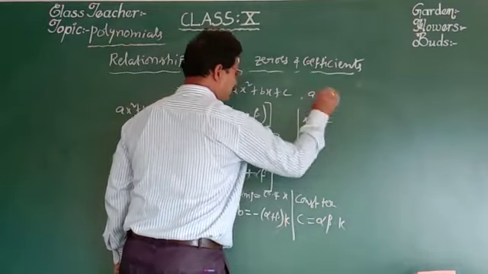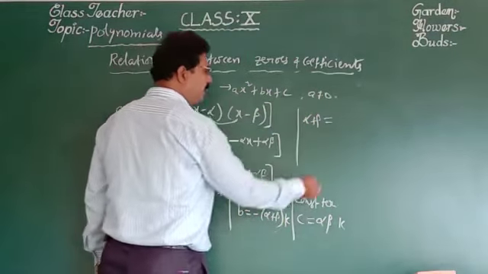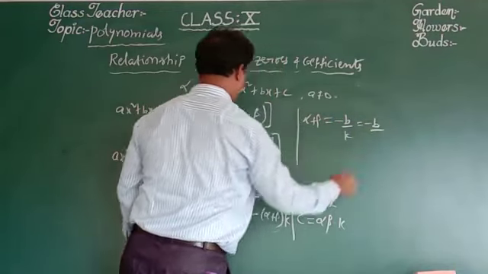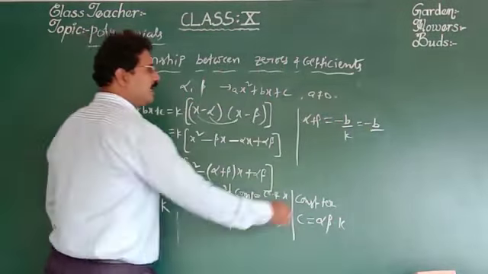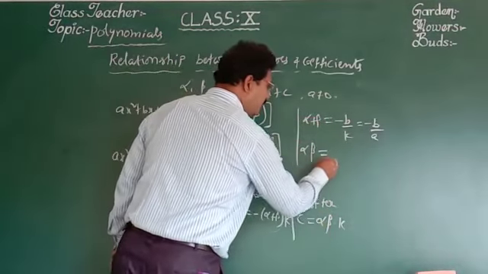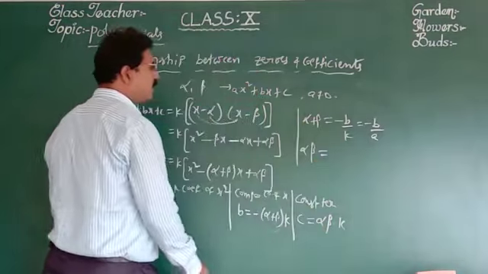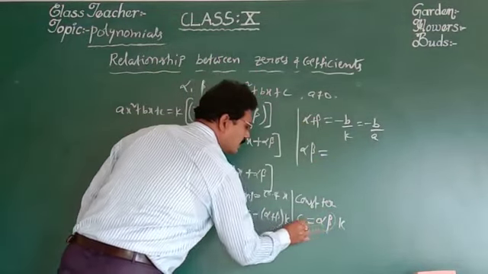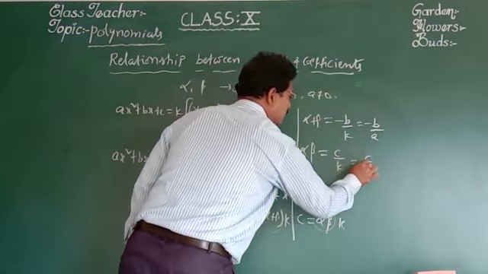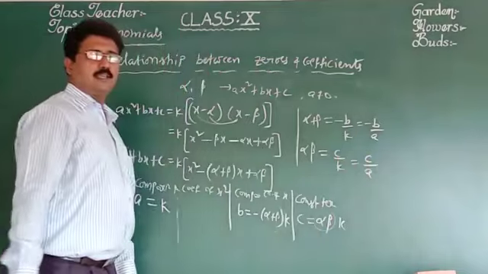Alpha plus beta is equal to minus b by k, which is minus b by a, since k is a. Alpha beta is equal to c by k, which is c by a.